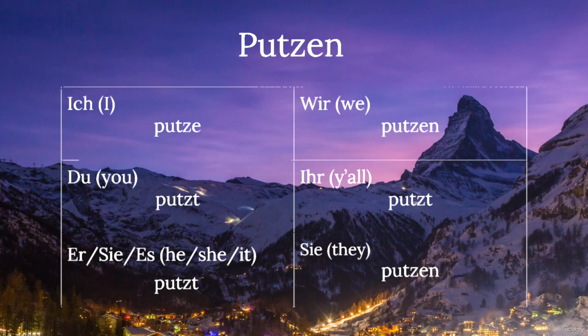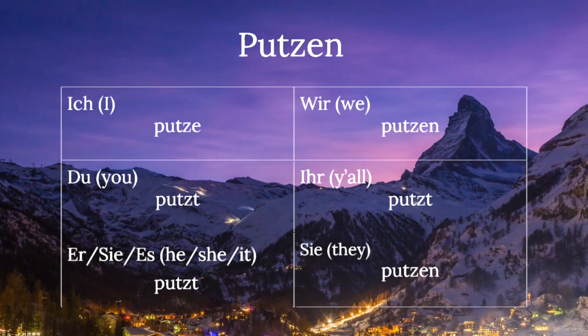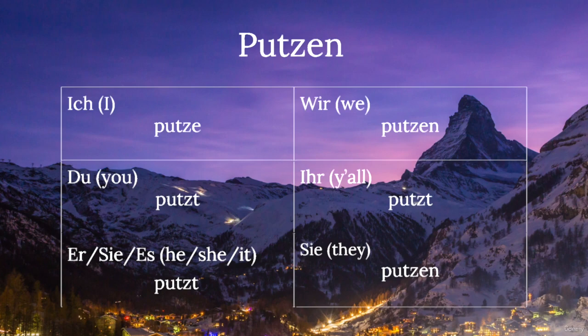Ich putze, du putzt, sie, es putzt, wir putzen, ihr putzt, sie putzen. As you can see, du, sie, es, and ihr share the same form. The reason for this is how complicated the pronunciation would be if the verb were completely normal.